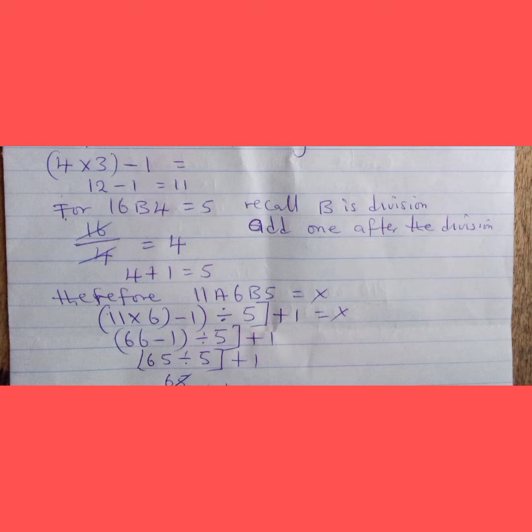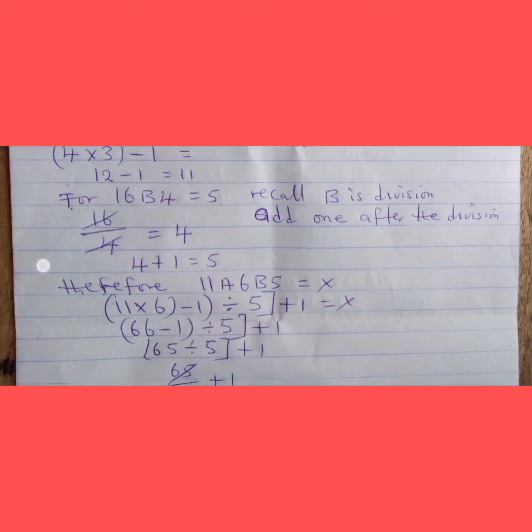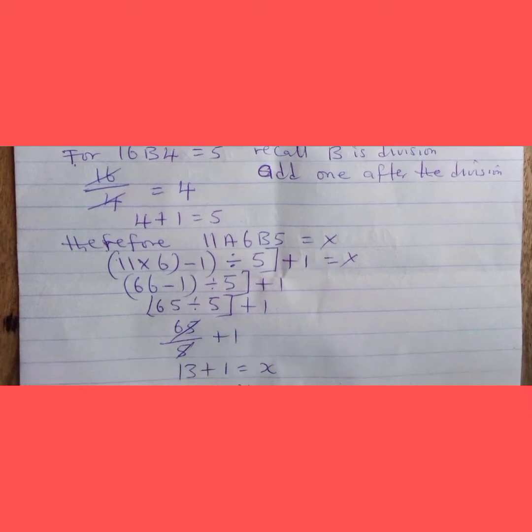Then the one they ask us to do is 11A6B5 equals to X. That means A is multiplication, 11 times 6 minus 1, divided by 5 where division is addition of 1, equals to X. 66 minus 1 divided by 5 plus 1, which is 65 minus 5 divided by 5, which will give us 13. Then you add 1 to it. That will give us 14. So X is equal to 14.